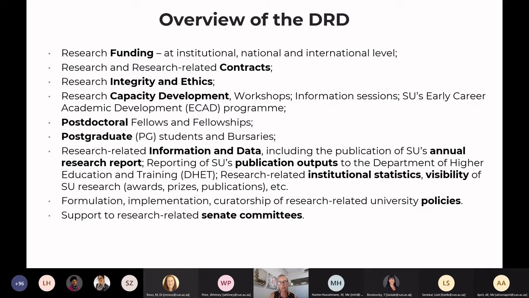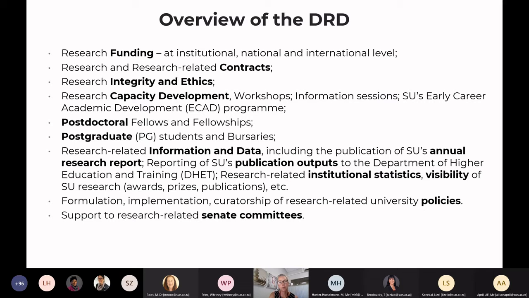We also, as we do today, work with research capacity development, where we have a number of workshops and information sessions, and we also deal with an early career academic development program, the ECAD program, which is funded through the DHET's University Capacity Development grant to the university.